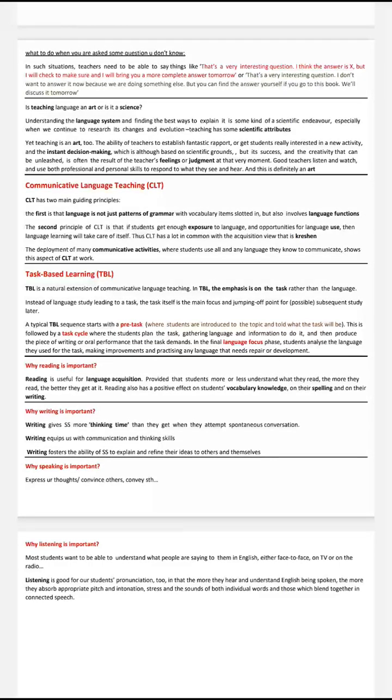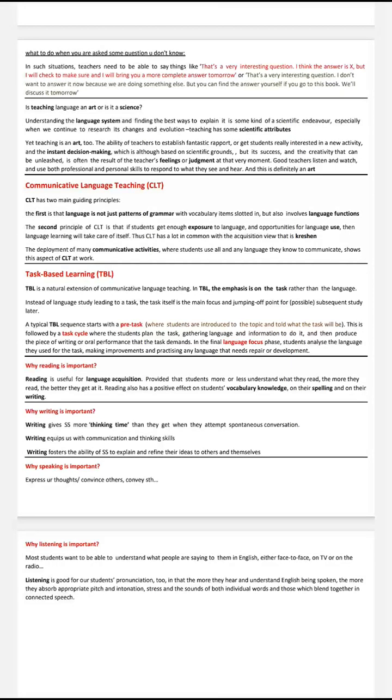A typical task-based learning sequence starts with a pre-task, where students are introduced to the topic and told what the task will be. This is followed by a task cycle where the students plan the task, gathering language and information to do it, and then produce the task, either a written or oral performance.